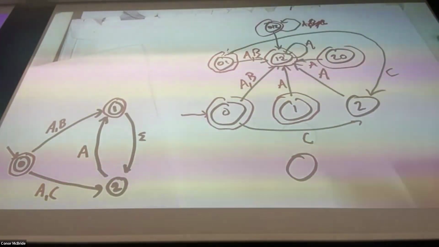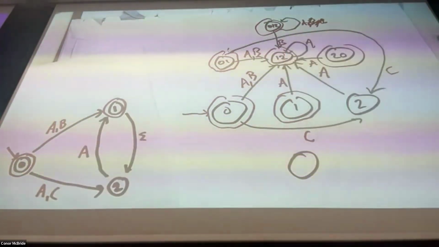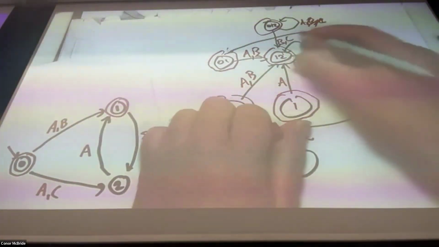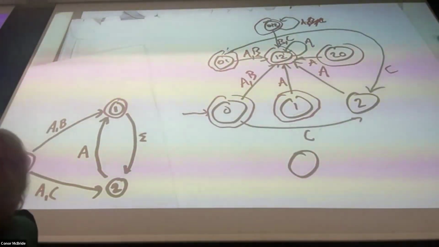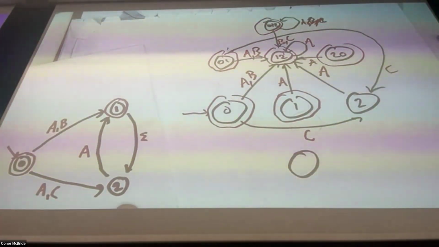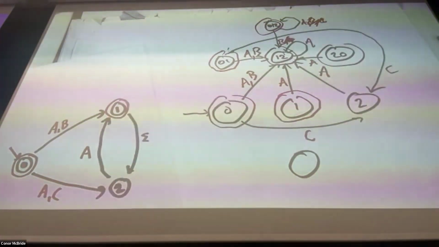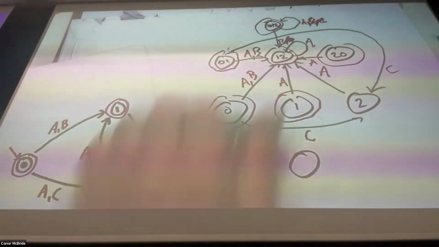So that's a B. And the only place we could get to with a C, well, it's also a C. Because if we get a C, the only place we can go to is 2. So let's get that right.